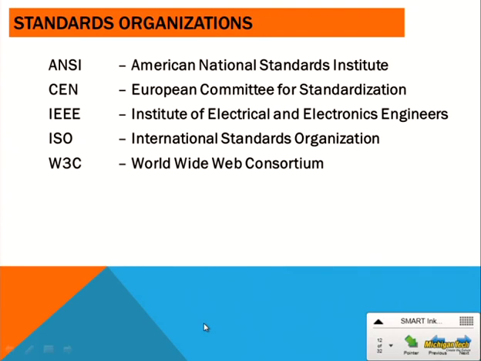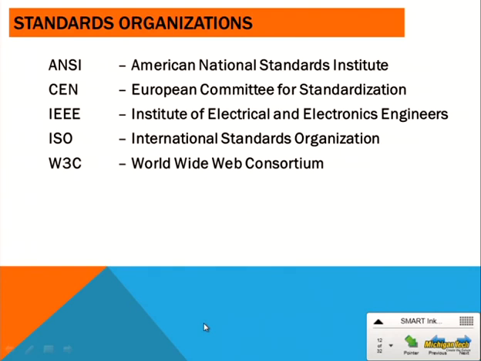For example, the American National Standards Institute makes almost any kind of standards, about health information, about emergency management systems, about communication systems. IEEE is the same. CEN is the same.